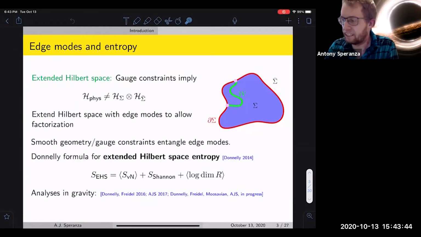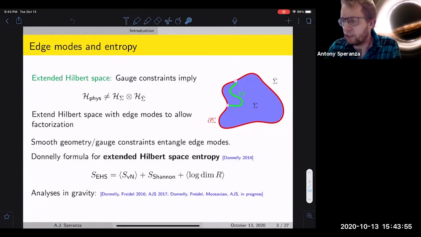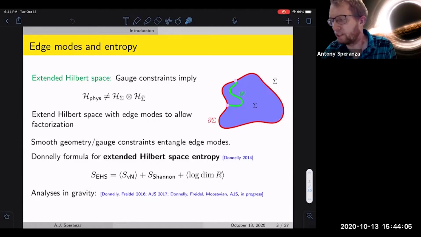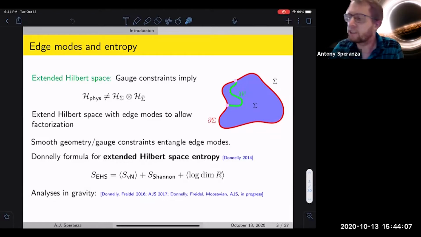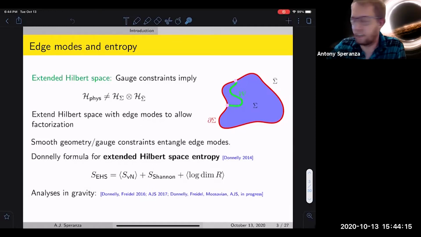The basic idea is that entanglement entropy would be associated with some subregion sigma, a spatial slice, and then you cut it and it has a little red boundary here. But when you have gauge symmetry, you have non-local observables like Wilson loops. And if they cross the boundary, there's no sense in which that Wilson loop can be associated either with the subregion or its complement. This is just saying that the Hilbert space doesn't really factorize: the algebra associated with one region isn't just a tensor factor with the other to give you the full thing.